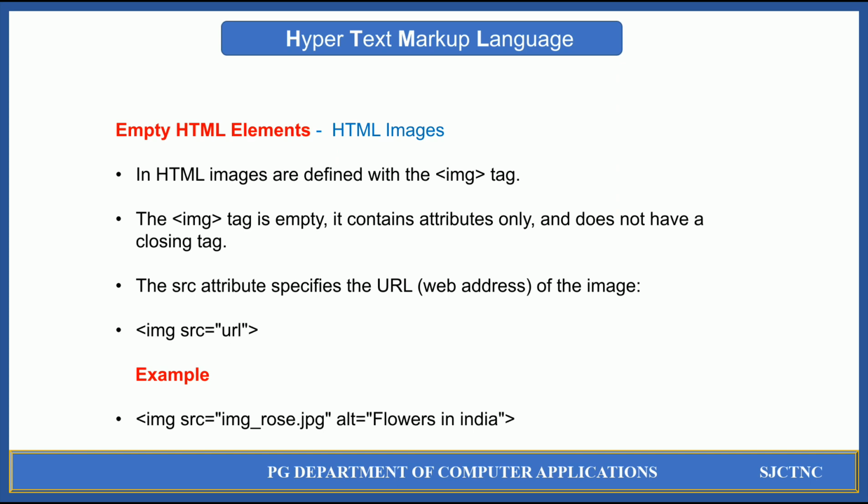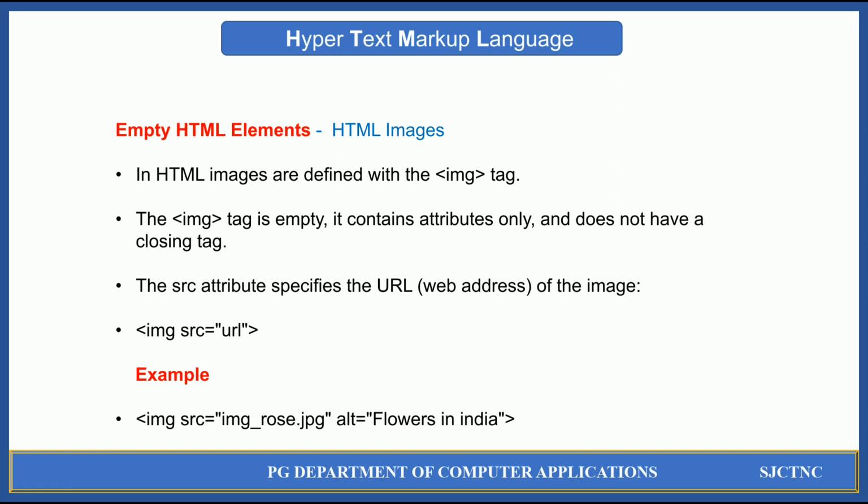Second, the src attribute specifies the URL where that image is located. So src is the location where that specific image is available. That image is retrieved and shown on the website.